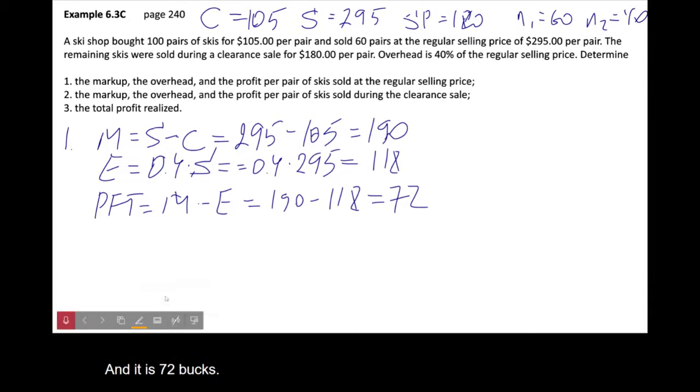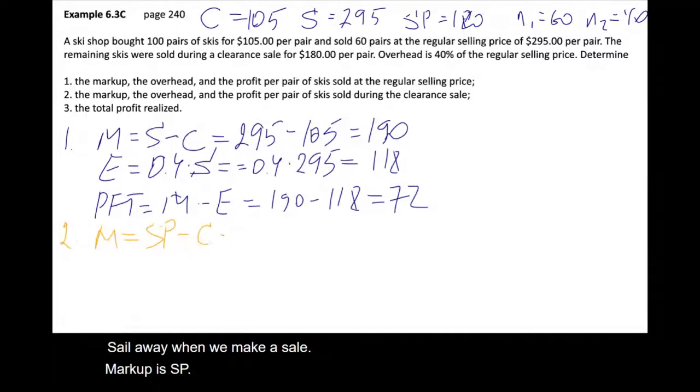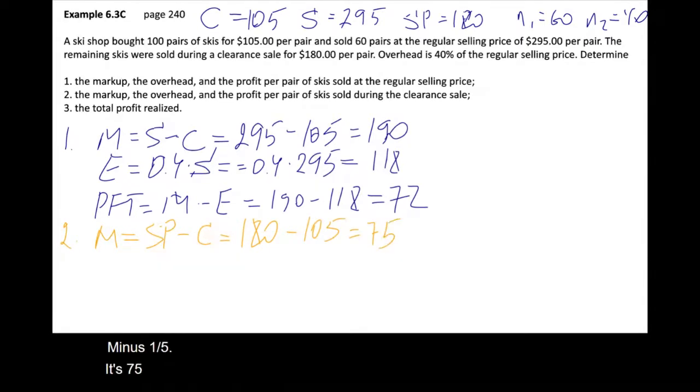Okay. Let's see what it is for the sale event, when we make a sale. Markup is SP minus C. So 180 minus 105. What is it? 75 bucks, right?